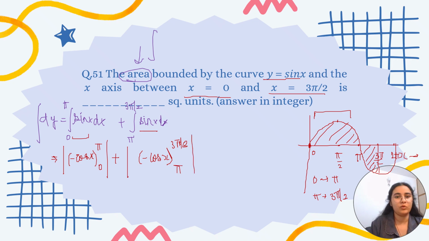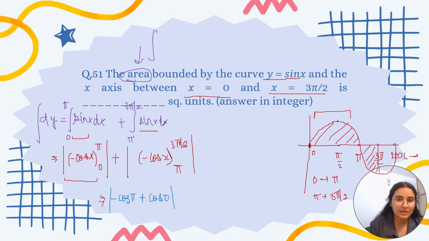Okay, now let's do the calculation. For this part, we will write minus cos, upper limit is pi and then lower limit is 0. Minus cos 0, minus of minus is plus, so cos 0.